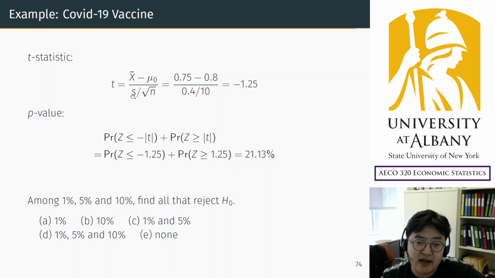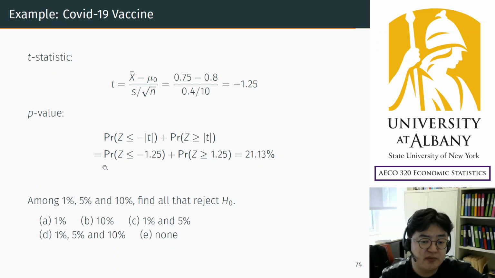So standardize using standard deviation also implied by the belief, right? So this standard deviation is affected by 0.8. So 0.4 is used here. So after standardization, the t-stat is minus 1.25 and transform that into p-value.